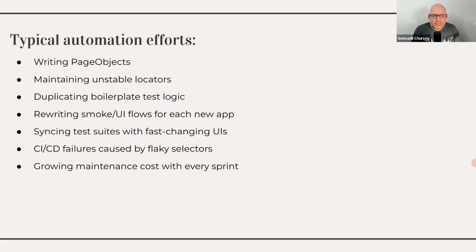And of course, the maintenance of our code increases with every sprint. So usually we are doubling our tests. The more tests we have, the more engineers we need to hire, and the harder it is to investigate failures. It could be that you run your regression and all the tests failed.